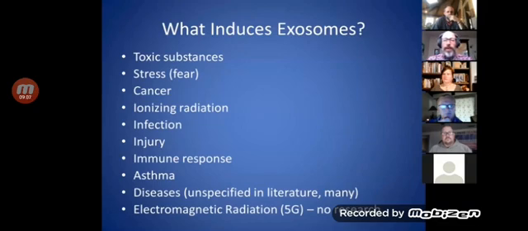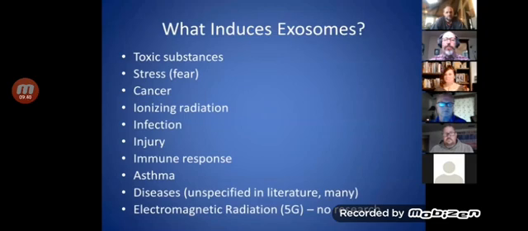Also found evidence about bacterial toxins, and I have a slide that I'll show you in a minute. So it clearly has a role in the communication or possibly removal of toxic substances that damage our cells. Now, interestingly, psychological stress, including fear, which many, many people around the world are experiencing in a very intense way right now, also causes release of exosomes. So you see how this may cause false positive tests.